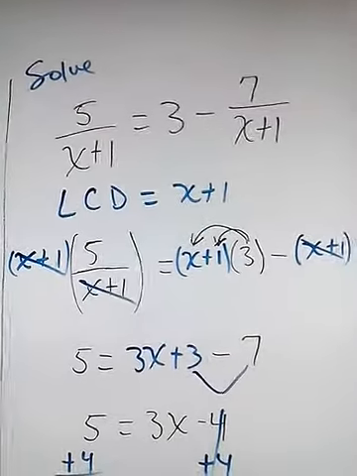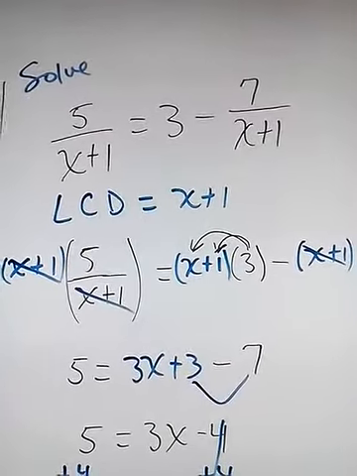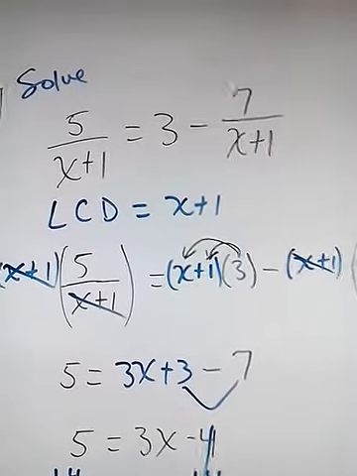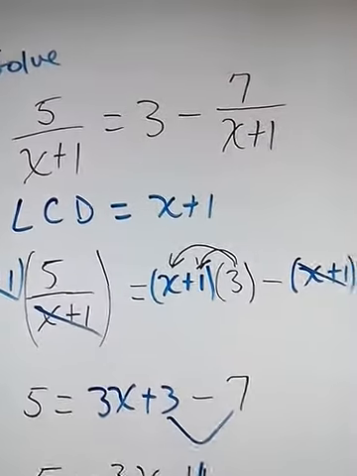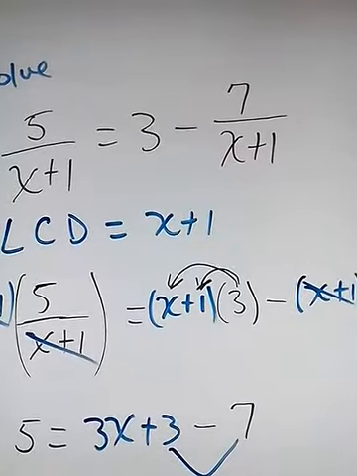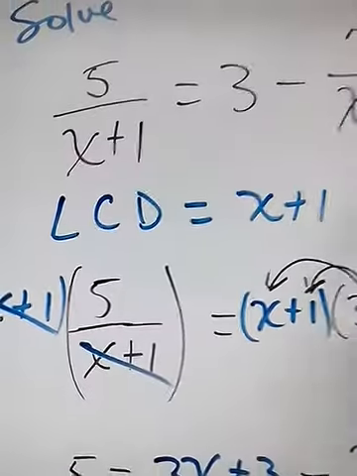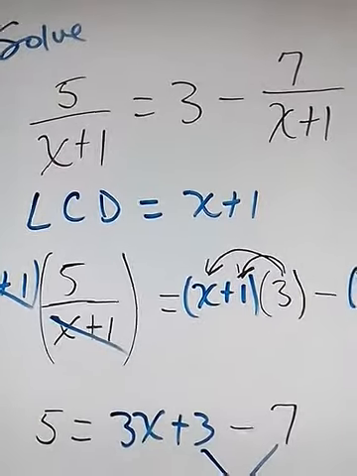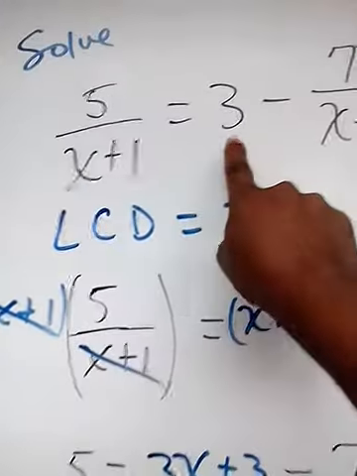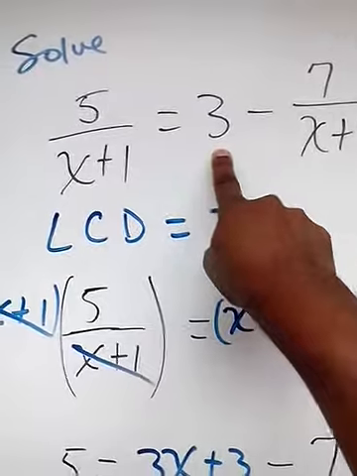In another example, we have 5 over x plus 1 is equal to 3 minus 7 over x plus 1. Well, again, we have denominators that are the same here, x plus 1. And of course, the denominator for 3 would be 1.